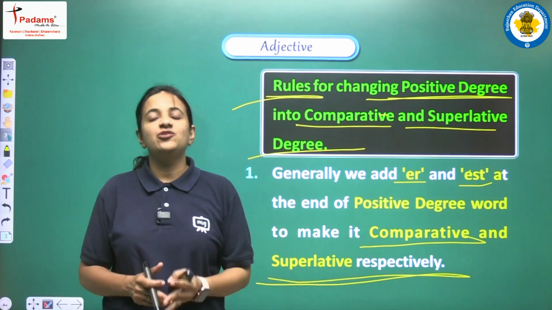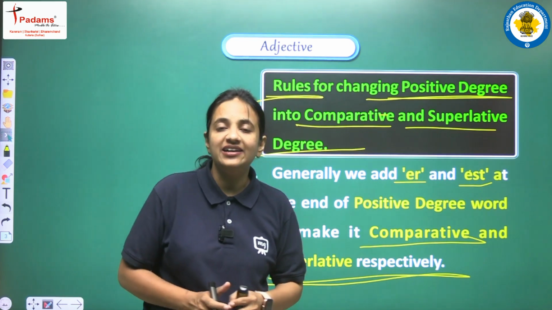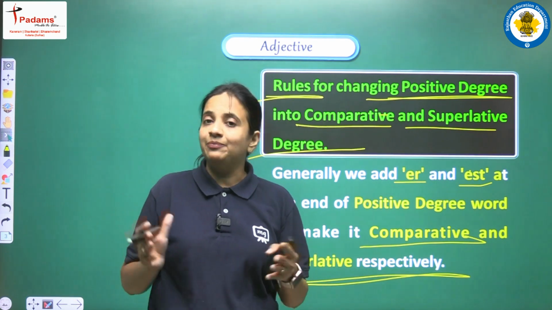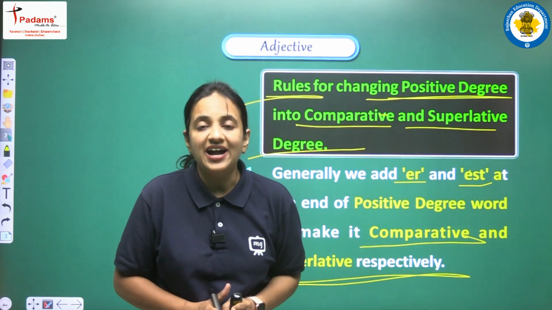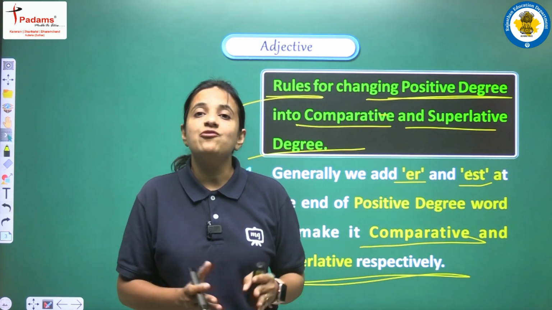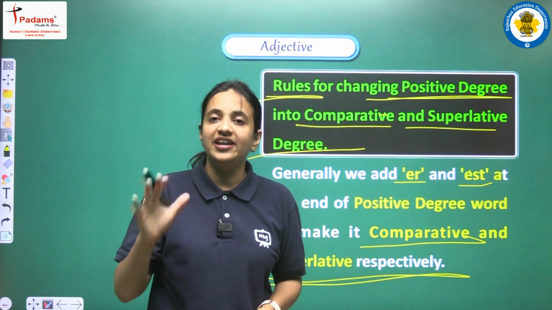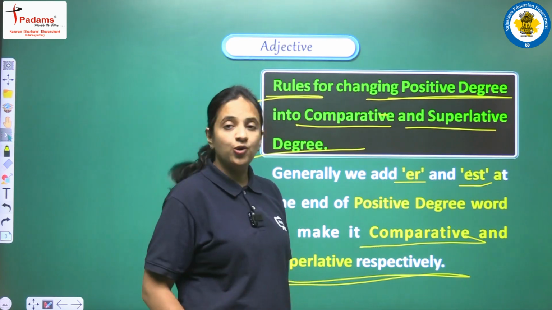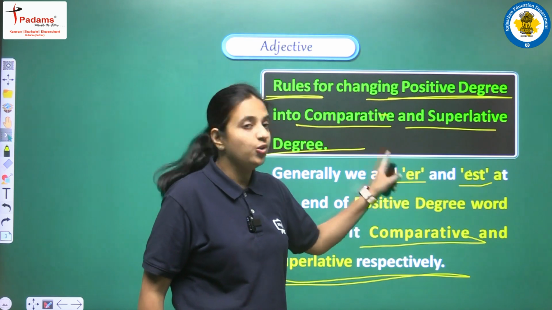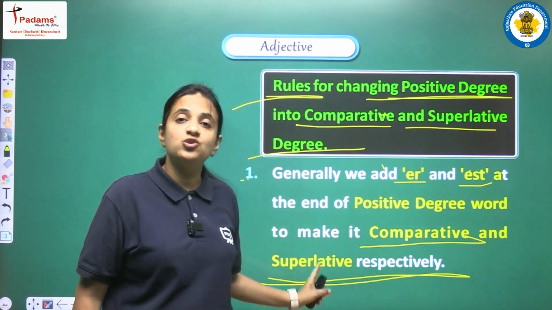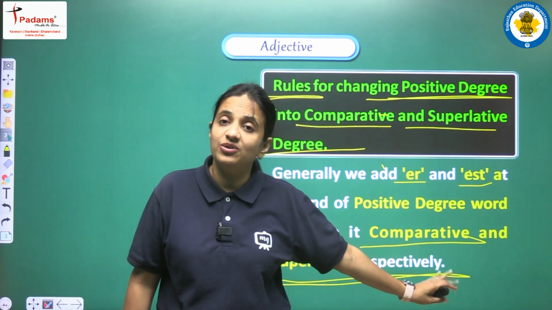If we add er at the end of the spelling of the positive degree word, then we have the comparative degree word, and if we add est at the end of the positive degree word, then we have our superlative degree word. This is our first rule. I hope the rule is clear. We just have to add er and est to get comparative and superlative degree respectively, right?